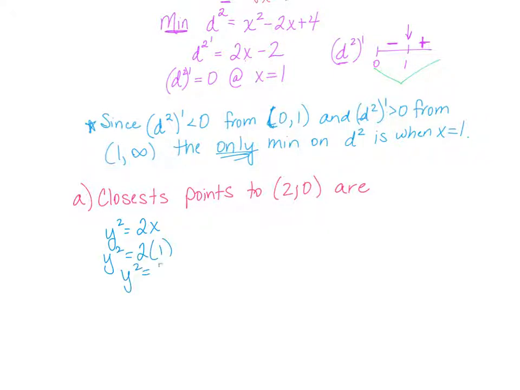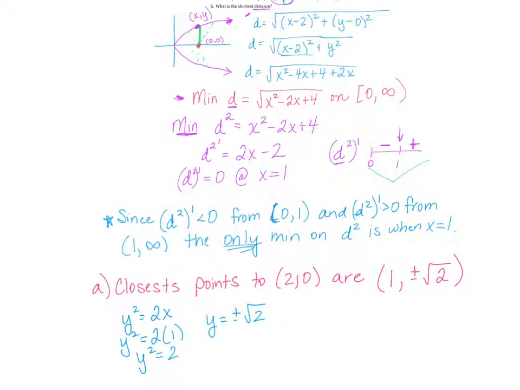So y squared is equal to 2, and I would get y being plus or minus square root of 2. So the closest points are (1, plus or minus the square root of 2). And those are going to be my closest points on the square root curve. There's actually 2 of them, which makes sense because they're going to be equidistant from that point. So that kind of makes sense with my drawing.